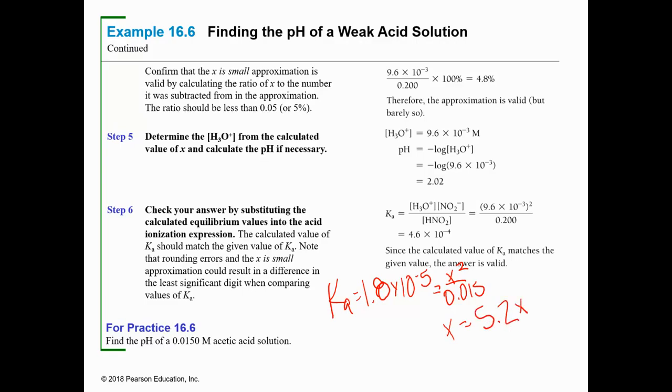It's 5.2 times 10 to the negative 4 molar. And then it said pH. So you take the negative log because this is H3O+. I get 3.28.